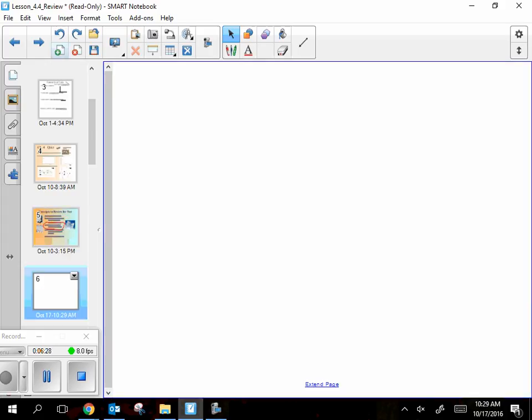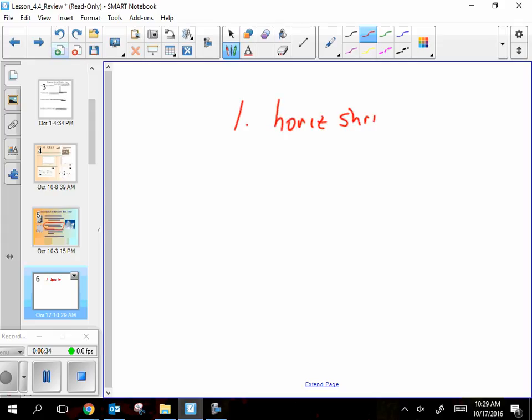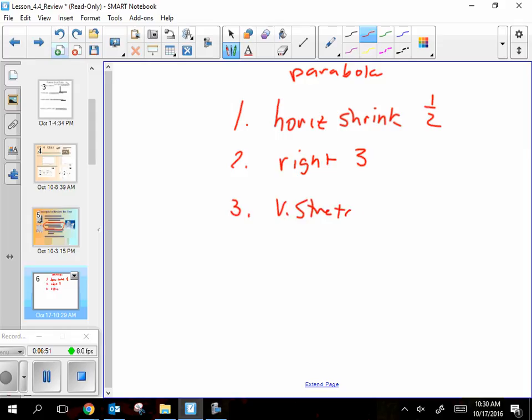If I gave you this list of things I wanted the graph to do, I want it to have a horizontal shrink. Oh, by the way, it's a parabola that has a horizontal shrink of 1/2, and it's moved right 3, and it's got a vertical stretch of 8, and it's down 7.